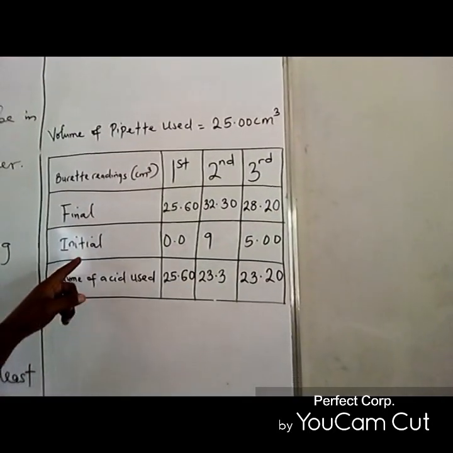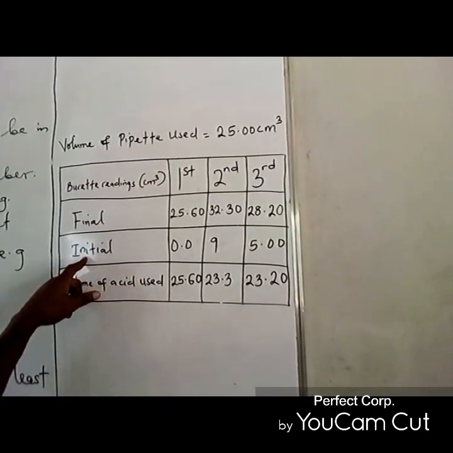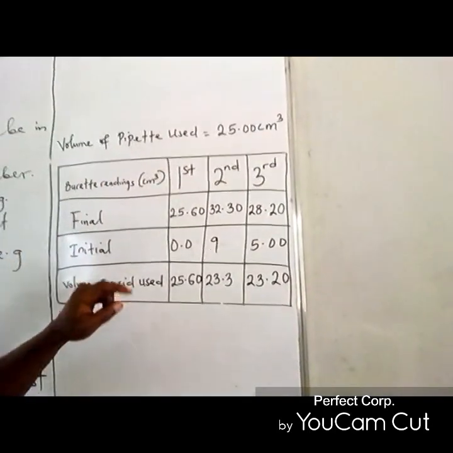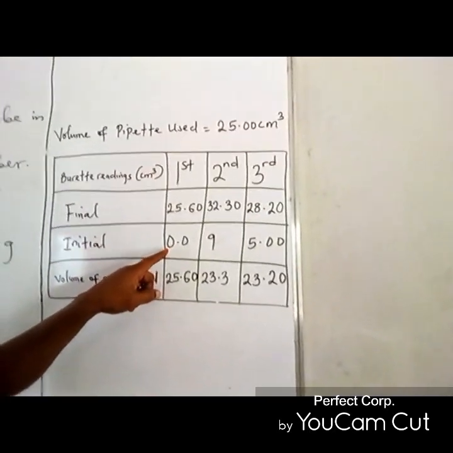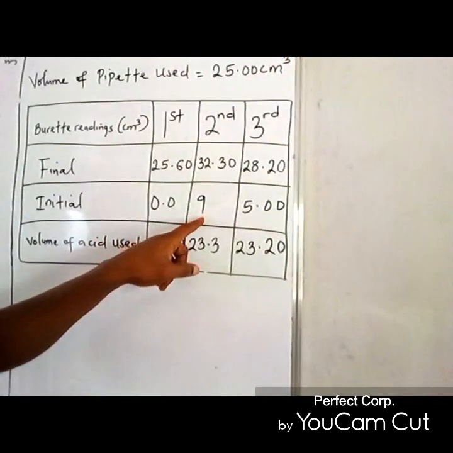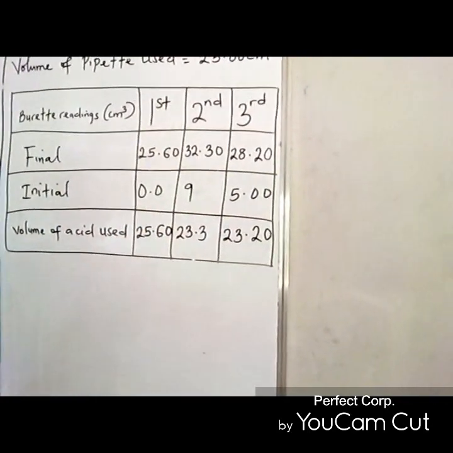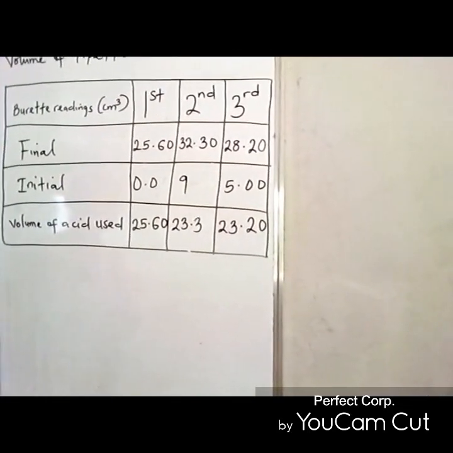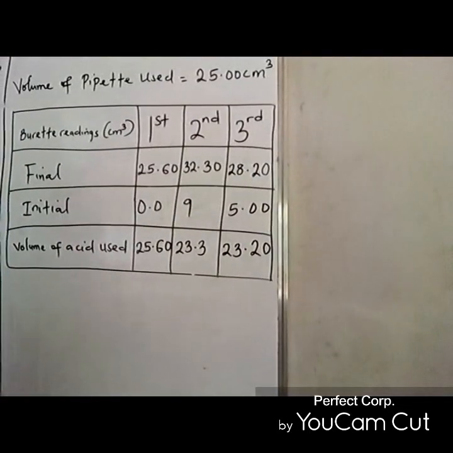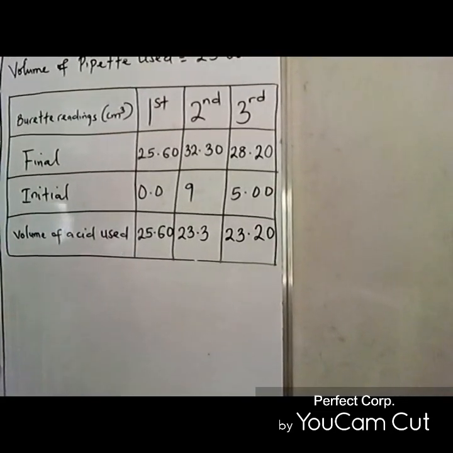Now let's go to the titre values in our initial readings. For the first initial reading, we are seeing 0.0. For the second, you are seeing 9, and for the third, you are seeing 5.00, which means they are not consistent too. Take note, we said your titre values must be in 2 decimal places.